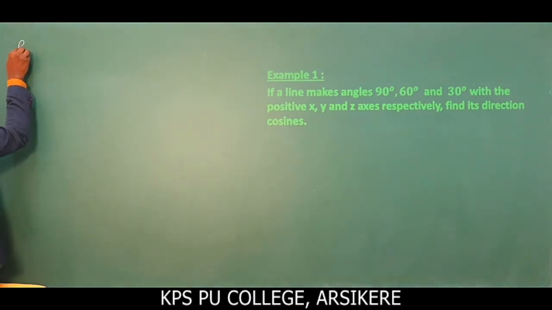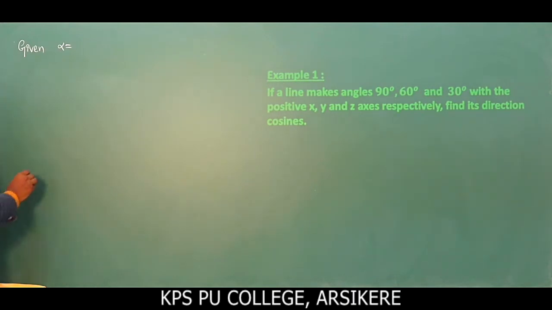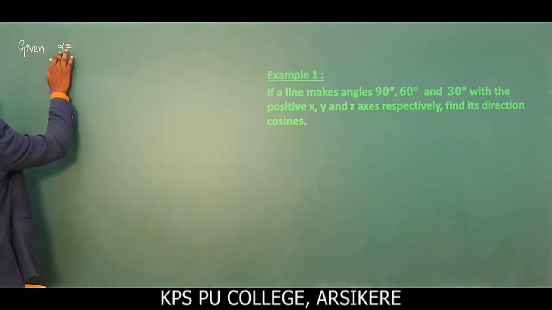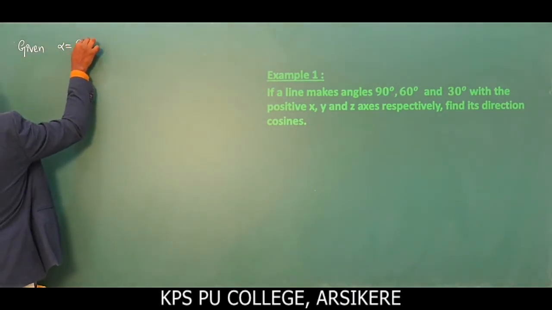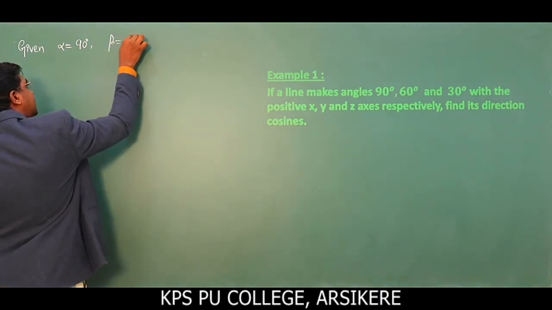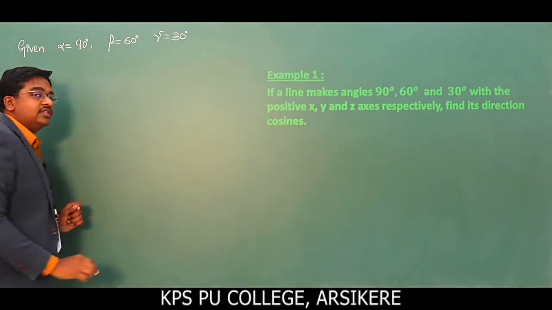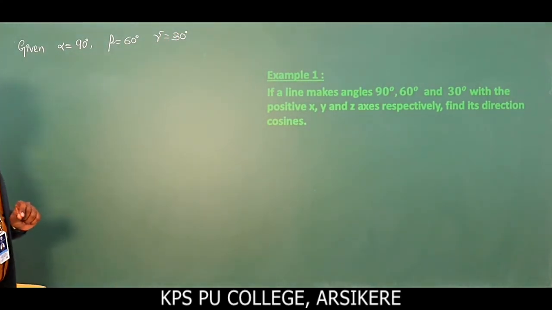Solution: given alpha, the angle made by the line with the x axis, is 90 degrees, beta is equal to 60 degrees and gamma is equal to 30 degrees. So they are the direction angles.